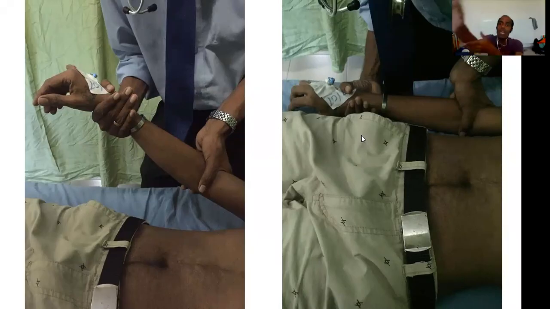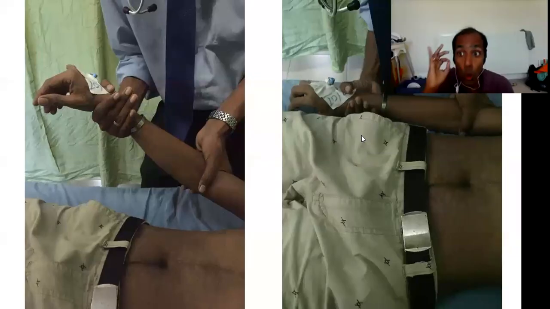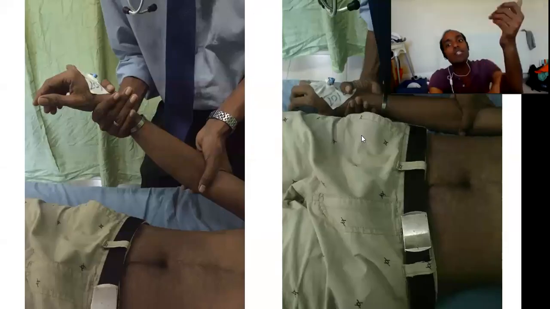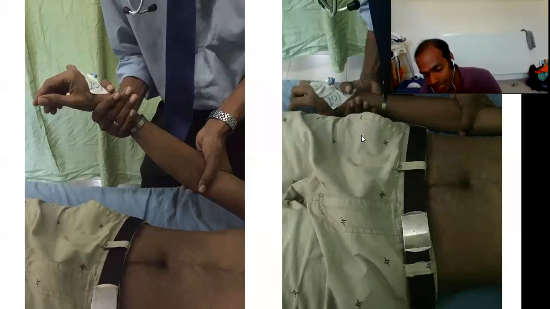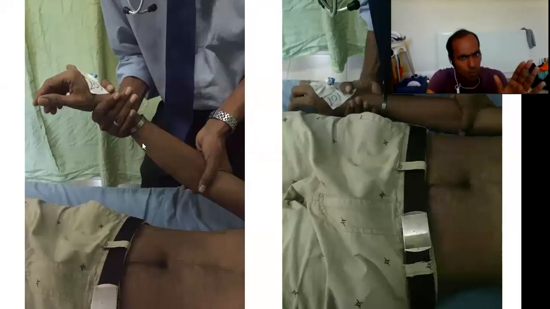Okay, and then you lift it with a single movement, and make sure that you don't, and write this down very clearly, don't change the pressure at these 2 points. So the 2 points that you're holding are the brachial pulse and the radial pulse. Don't change the pressure at these points. Using one single movement, just raise the upper limb off the bed. Okay, so make sure, watch this picture again.